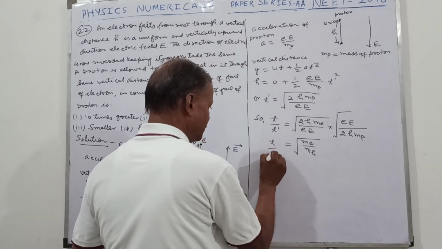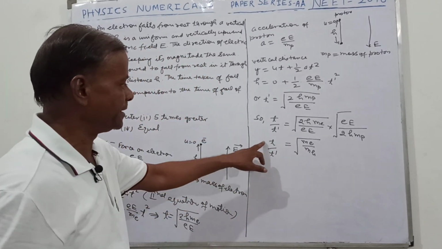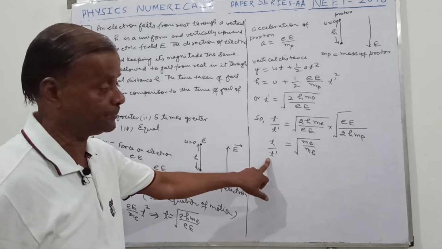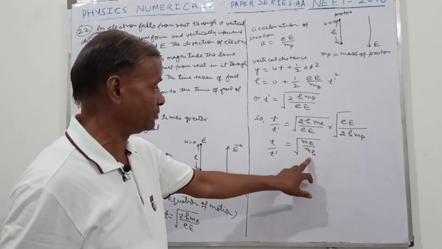So this is t upon t dash. This is the time taken by the electron, this is the time taken by the proton, and this is the mass of the electron, this is the mass of the proton.